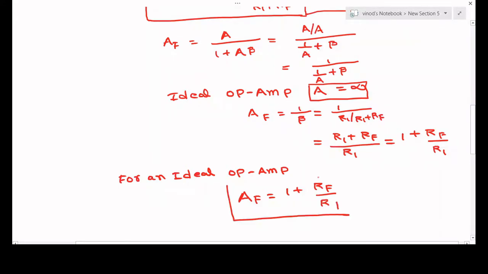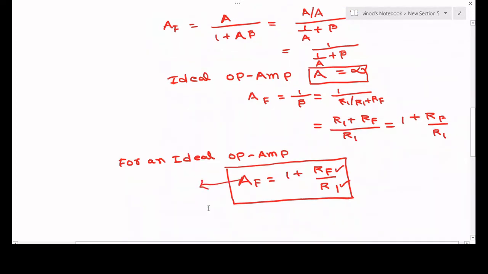You see, the closed loop gain for an ideal op amp is depending only on the resistor values. You can achieve whatever gain you want.